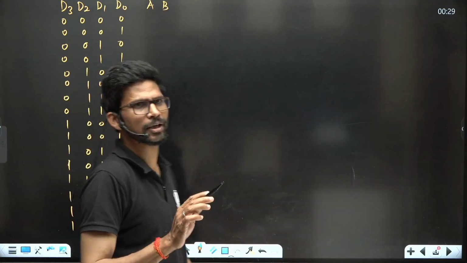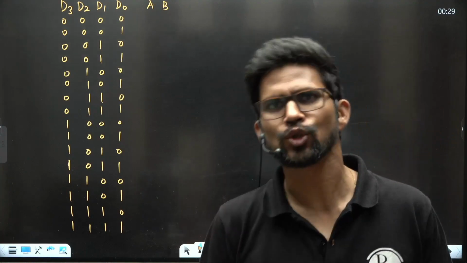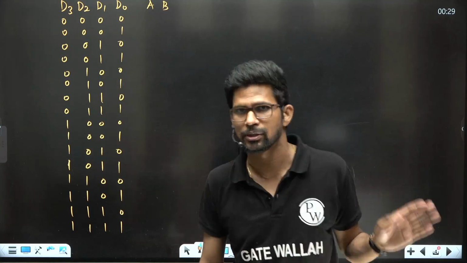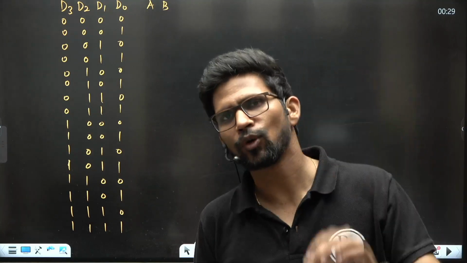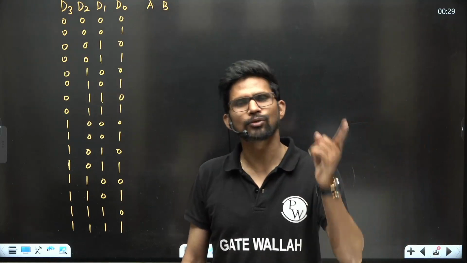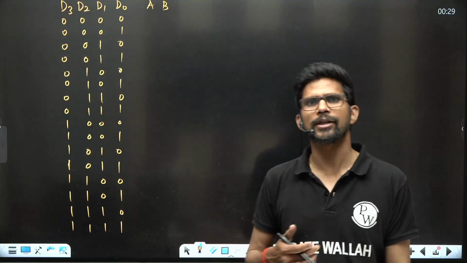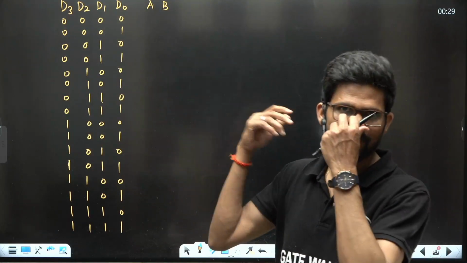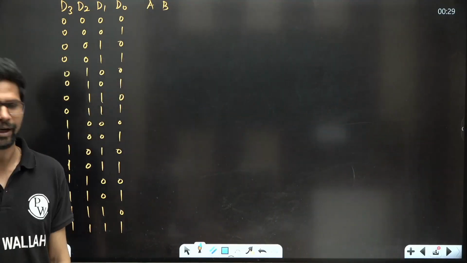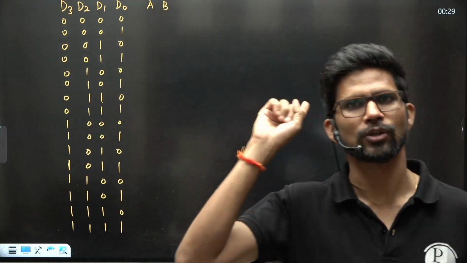And you know that in case of an encoder, all the input lines being 0 is not possible, because at least one input line should always be at logic 1. The input of the encoder comes from the output of a decoder, and in case of a decoder, at least one output will always be at logic 1.